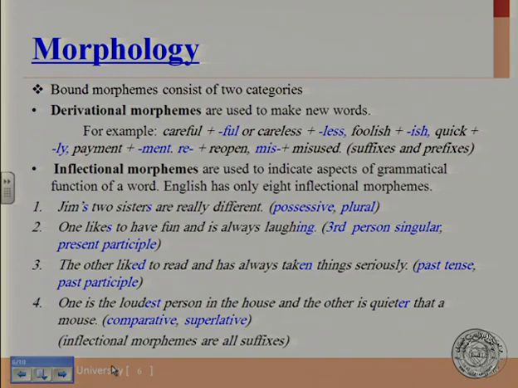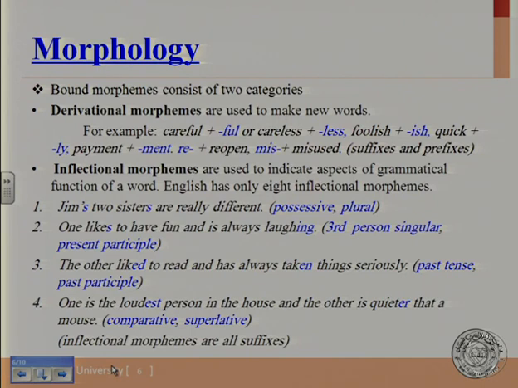The second category of bound morphemes is inflectional morphemes. Inflectional morphemes are used to indicate aspects of the grammatical function of a word. In English, we have only 8 inflectional morphemes. I have written 4 sentences here, and I will tell you about the 8 inflectional morphemes.